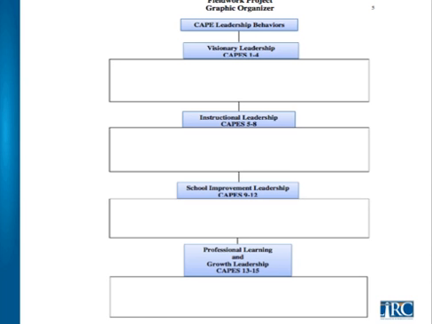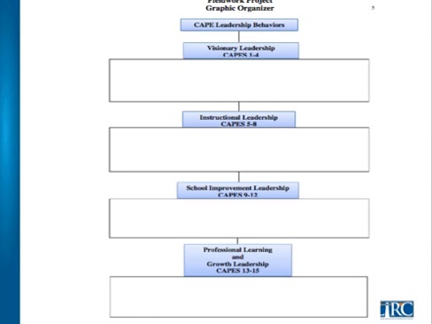The last part of the fieldwork project proposal is to connect your project to the CAPES. I'm sure you remember that the CAPES are the standards that we are basing our curriculum on.